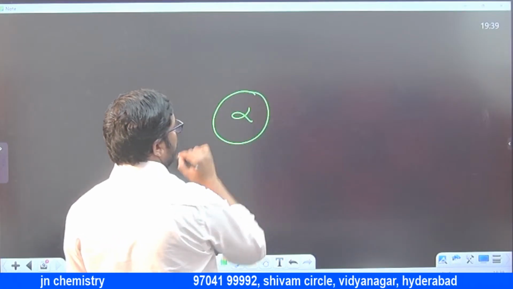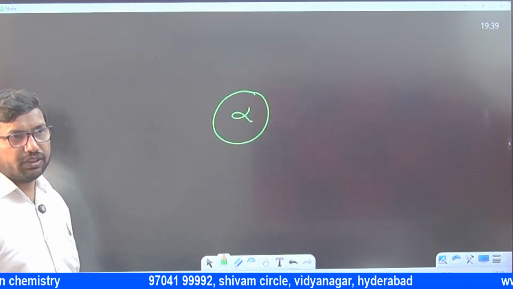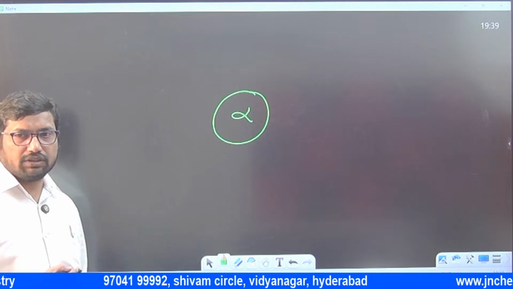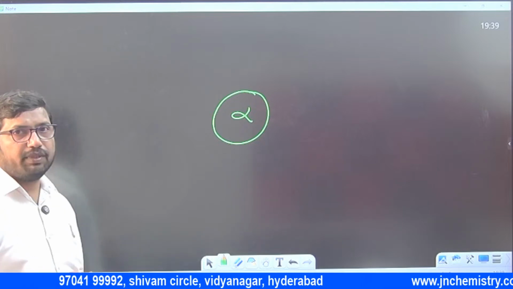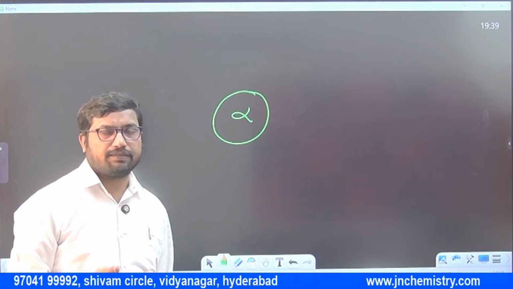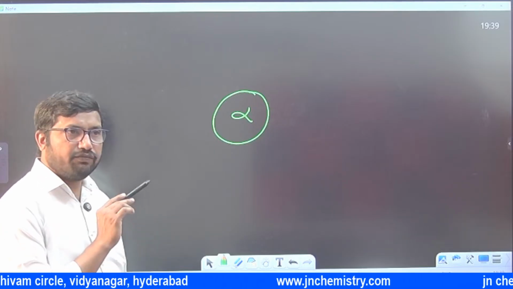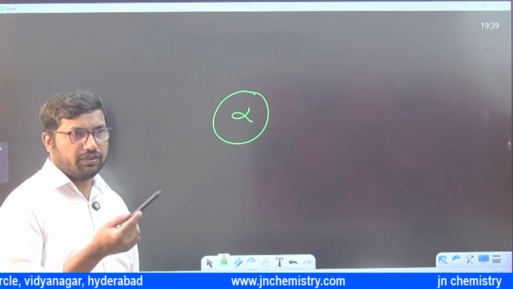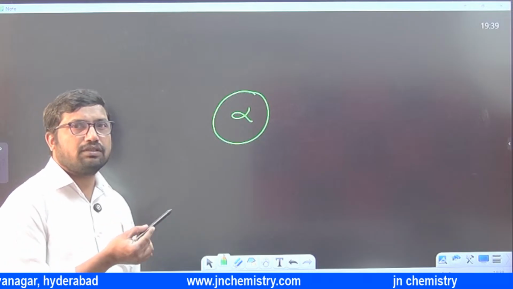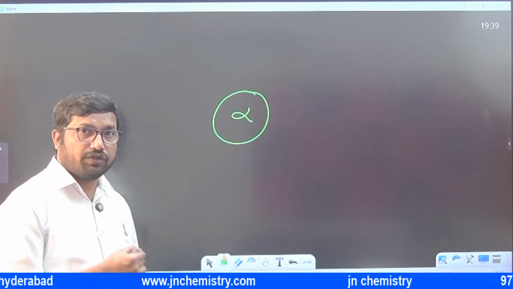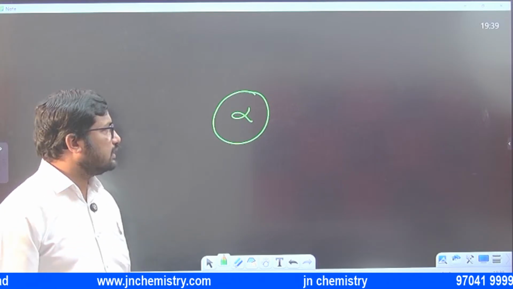Alpha is the degree of dissociation or degree of ionization. If alpha is equal to 1, it means 100% dissociation takes place. Alpha lies between 0 and 1. 0 means no dissociation, and 1 means 100% dissociation takes place.